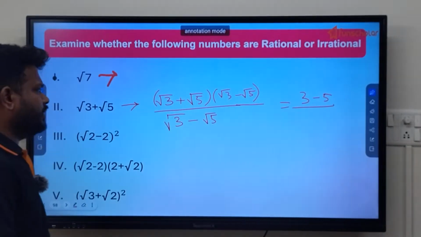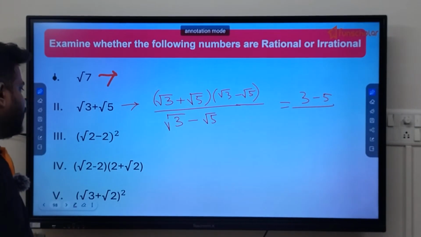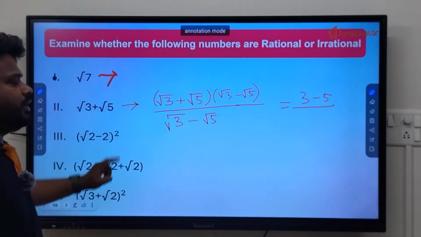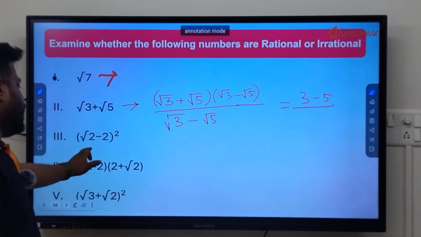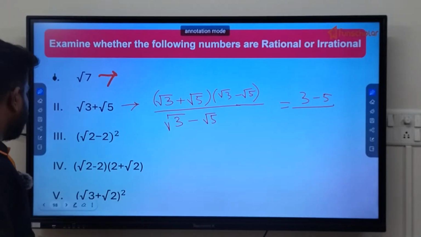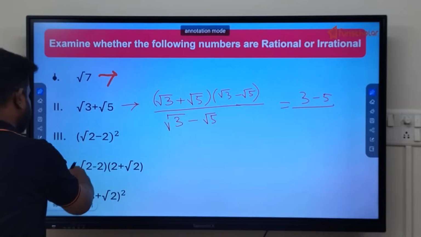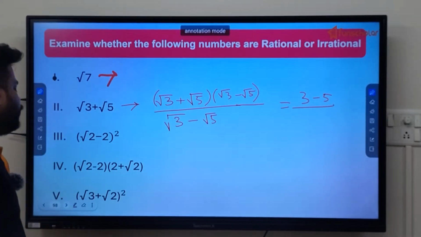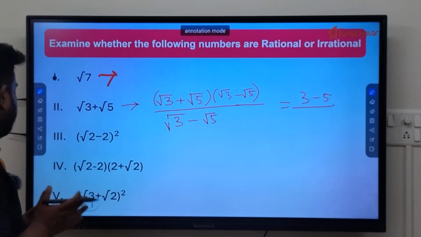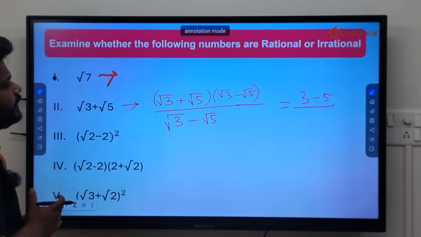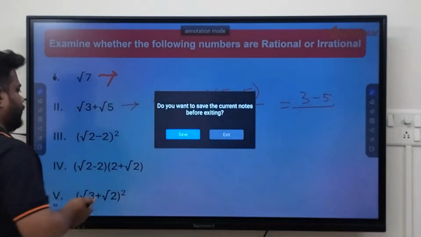Yes, it will be an irrational number. And for this case we can just solve it like this and find the answer. For these cases we will have to solve it just by multiplying, and for the fifth one we will have to apply the (a plus b) whole square formula.